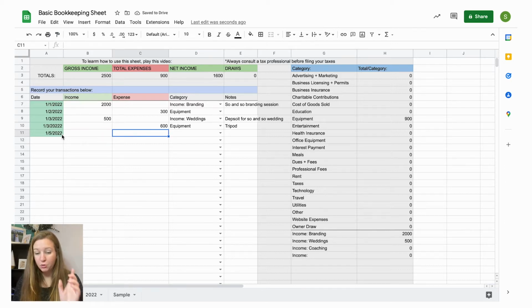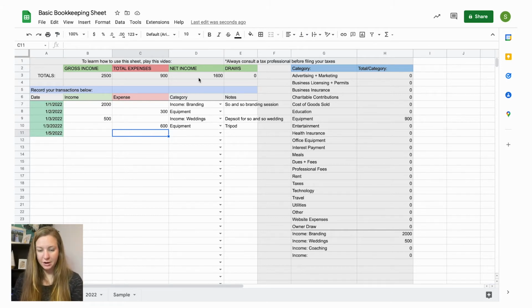Now, your owner draw comes out of this sheet as an expense, because of the way that your owner draws are taxed when you are a sole member LLC, or a sole proprietor, or you're in a partnership. It is not taxed doubly. So it's not taxed as income on the business and then as personal income. It's taxed one or the other. You're not getting double taxed on this. So it's important that you put it in as an expense.